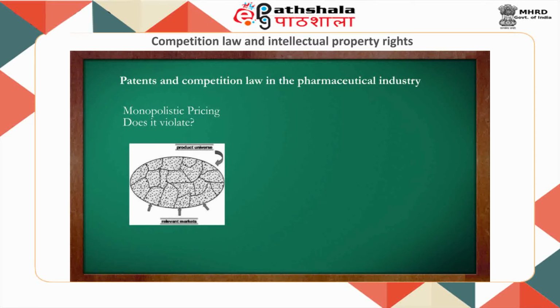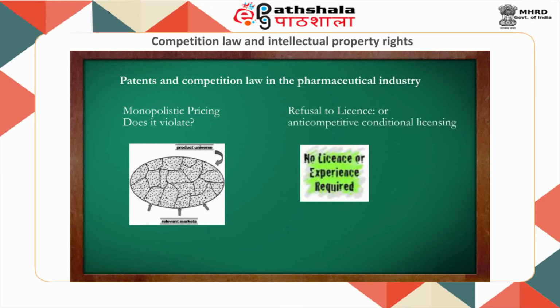Now, in case of intellectual property, there are hardly any closer substitute products, so it becomes very important to understand what would be the exact type of relevant market. Now, in such cases, refusal to license or anti-competitive or conditional licensing can lead to certain kinds of consequences.